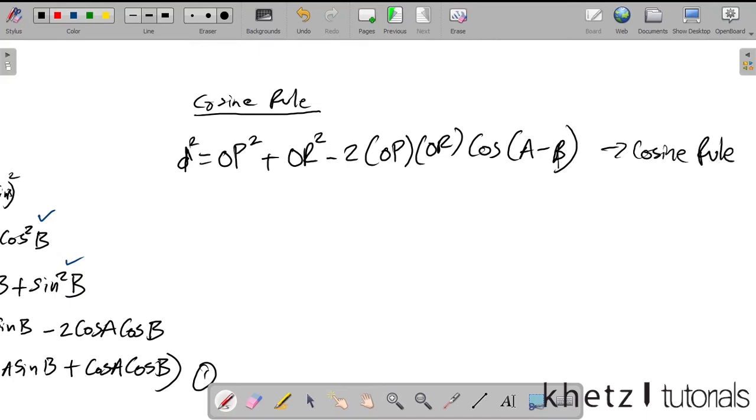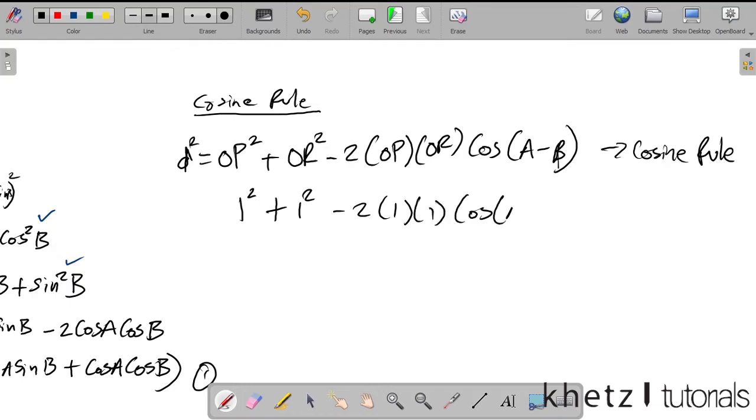Now that we have that, you'll notice that the length of OP and OR are each 1, because both of them are radii, and the radius equals 1. So adding those two will just give us 2, and here we also have 1 and 1.